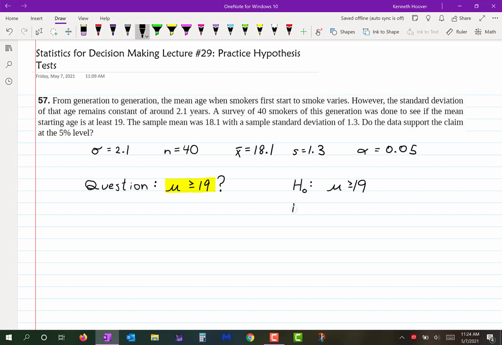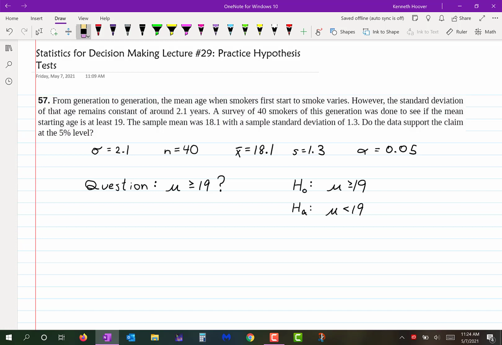Our alternative hypothesis, therefore, is mu is less than 19. We will see if we should accept the alternative or reject the alternative. Okay? And this is very easy to do. There is not much to do in this problem.